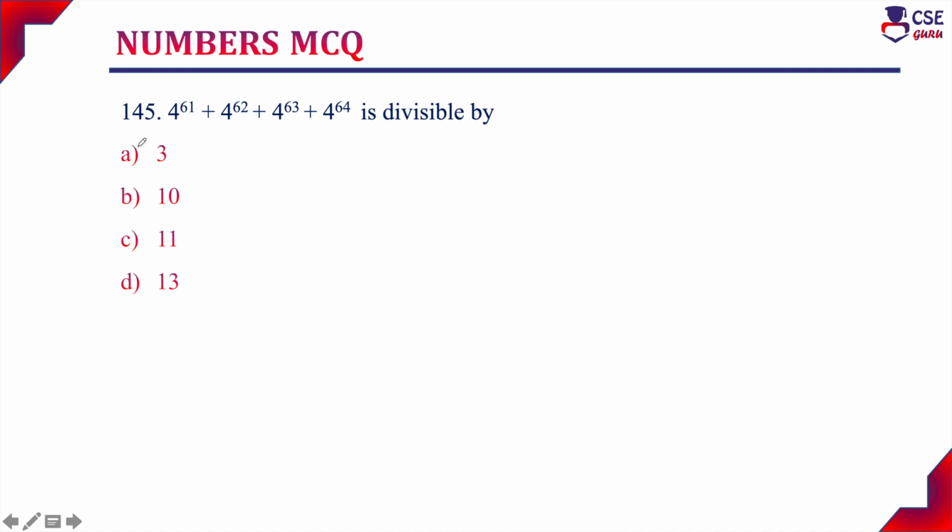Problem number 145. 4 power 61 plus 4 power 62 plus 4 power 63 plus 4 power 64 is divisible by? Here the least power is 61, so 4 power 61 we will take outside.